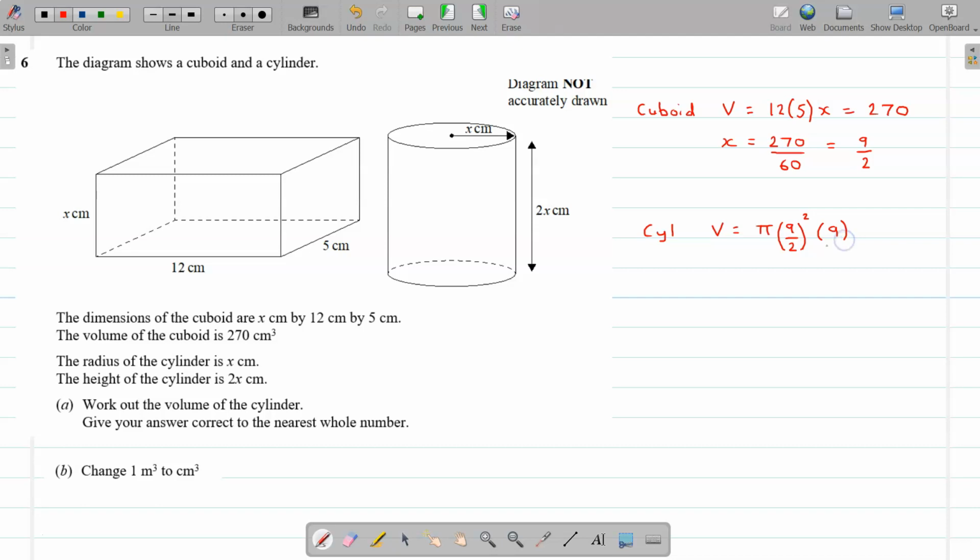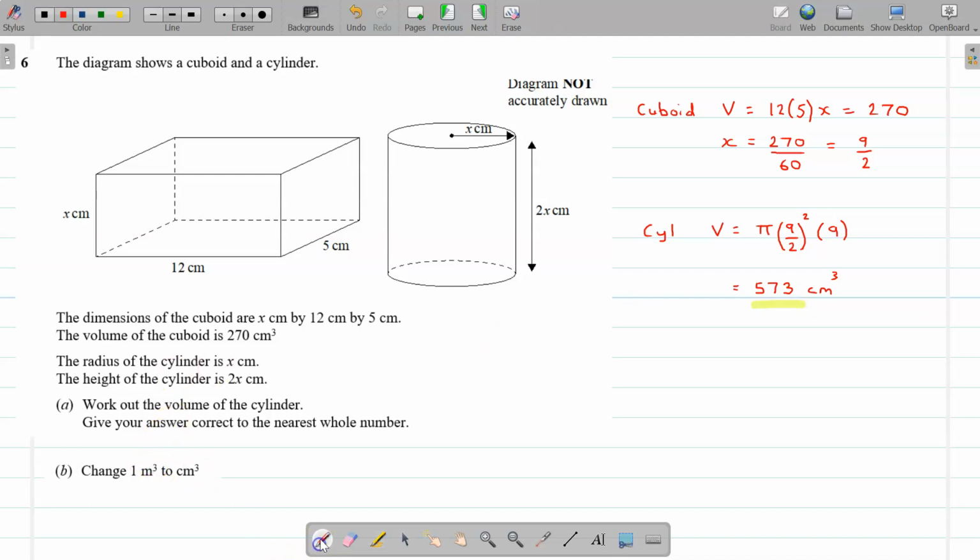Pi r squared h. And if you put that into the calculator, that comes to 573 to the nearest whole number, and that's in centimeters cubed. Okay, and your working out is clear, and your answer is there.